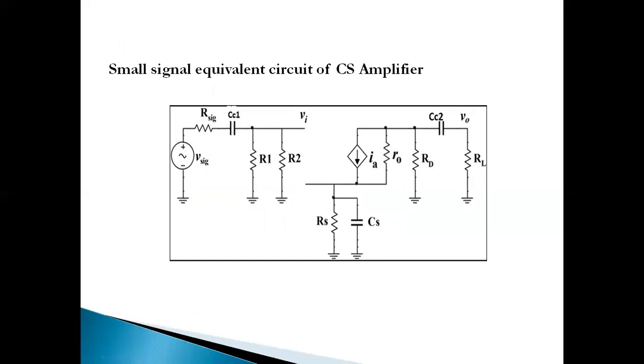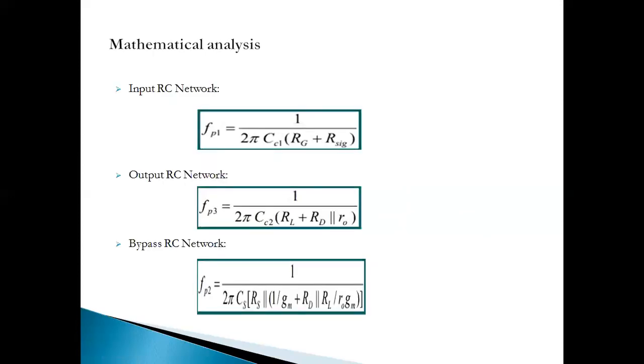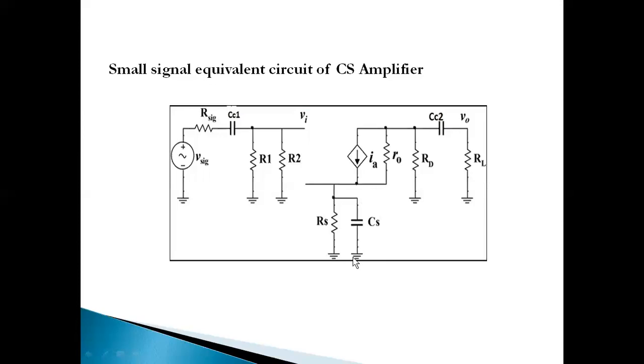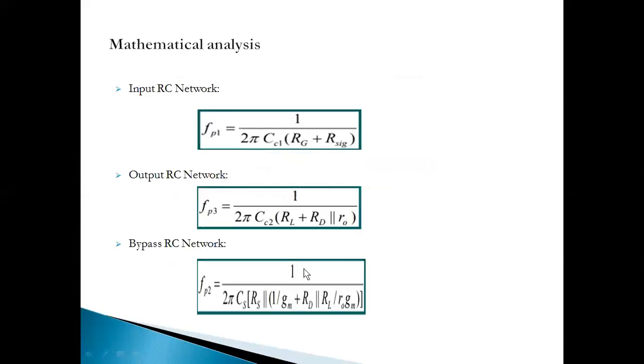By using this, you can find FP2, the pole value related to the bypass capacitance: 1 divided by 2 pi CS times the total resistance across the source terminal. So we calculate 1 divided by 2 pi CS times the resistance RS parallel with 1 divided by gm, the transconductance, plus RD parallel with RL divided by R0 times gm.